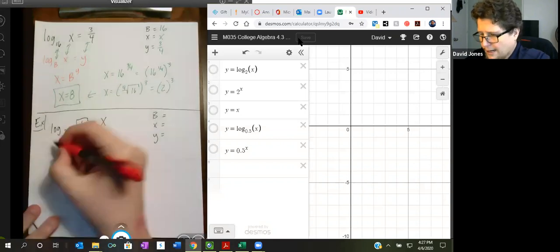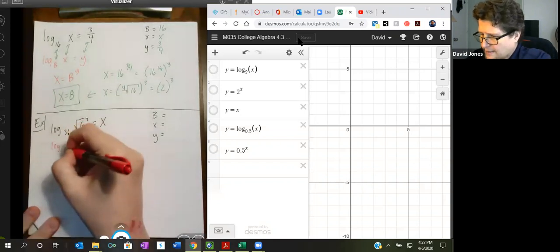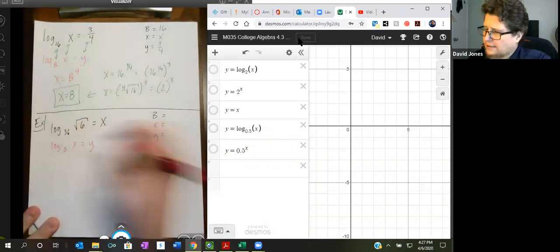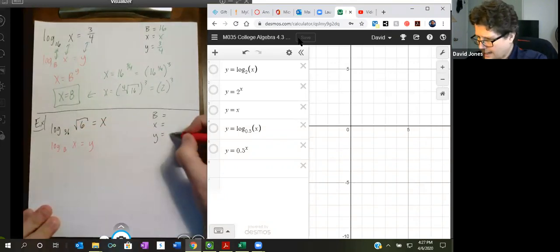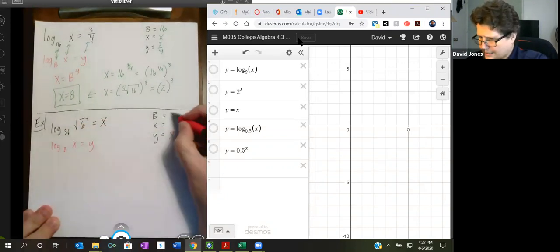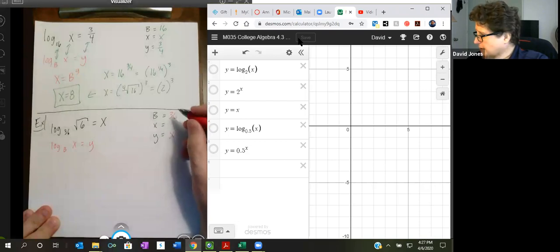So I'm going to write it again below it. This is my x, b is 36, and x is the square root of 6.